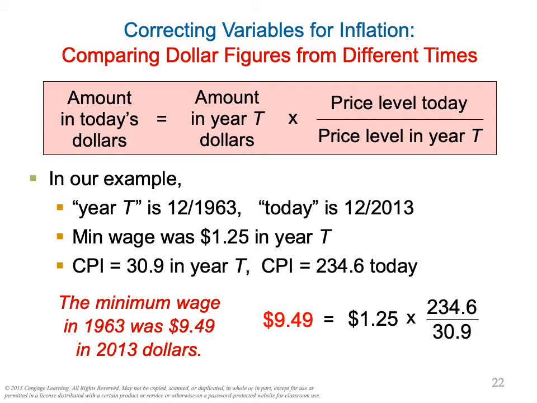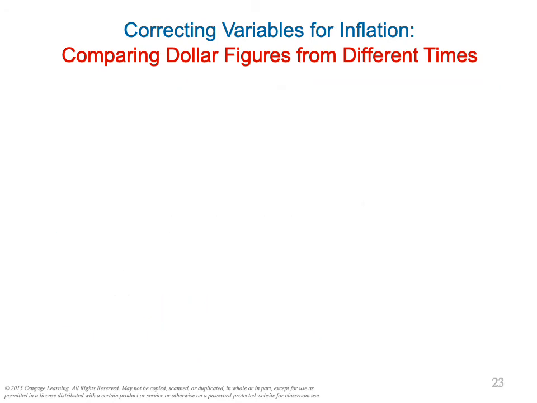People earning minimum wage in 2013 are worse off than people earning minimum wage in 1963, even though minimum wage in 1963 was only $1.25 in 1963 dollars. If they were earning 2013 dollars, they'd be earning $9.50 an hour, which is $2.25 better than $7.25, which is the minimum wage in 2013.